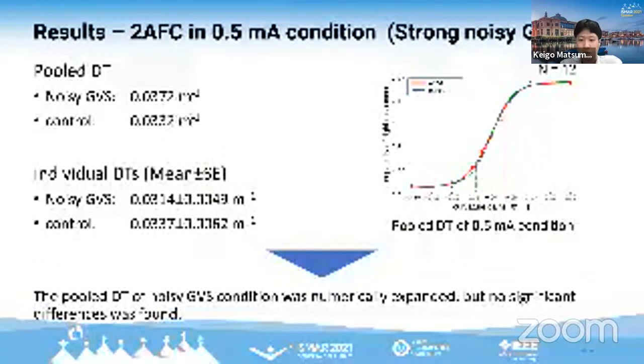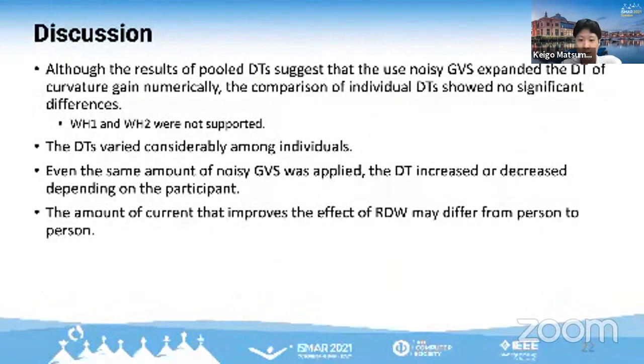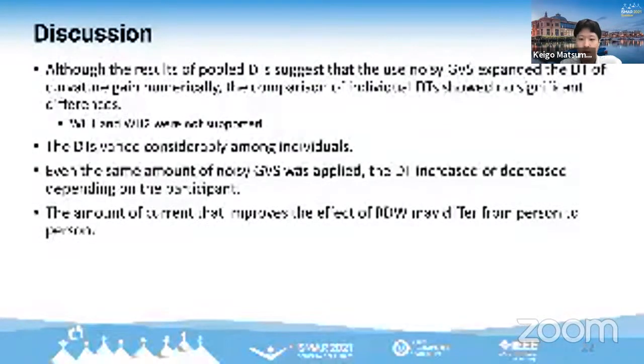So let's move on to the discussion. Although pooled detection thresholds suggest that the noisy ZBS expanded the detection threshold of curvature gain numerically, the comparison of individual DTs showed no significant differences. Therefore, working hypotheses 1 and 2 were not supported.